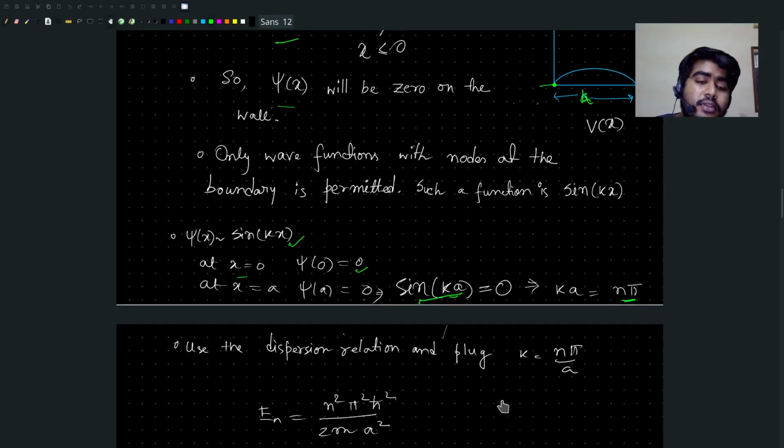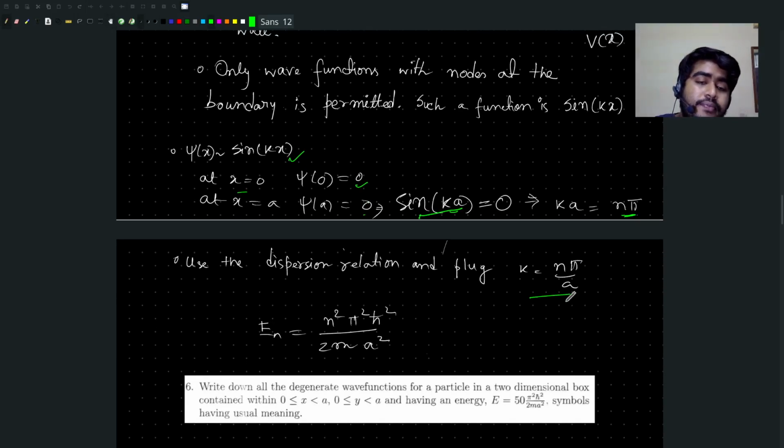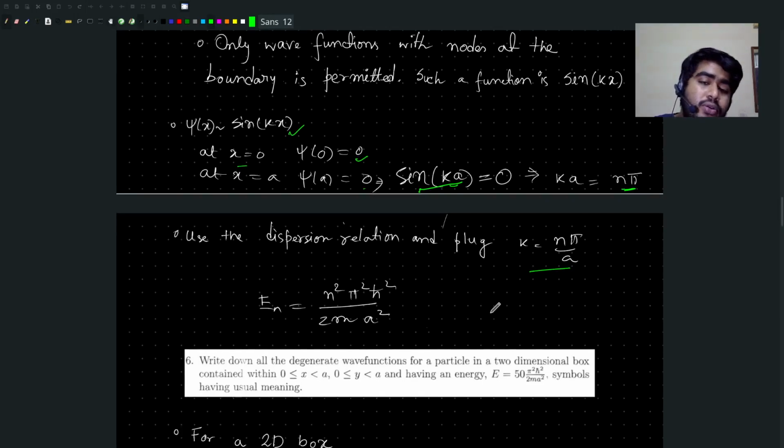Okay, so now we can solve for k, and we know that the dispersion is nothing but h bar square k square by 2m. So we'll just plug in this momentum inside here. Okay, and you will find this thing.